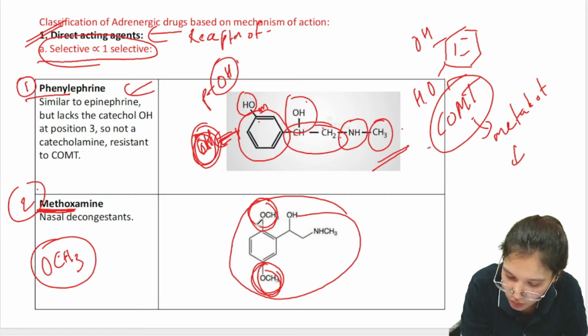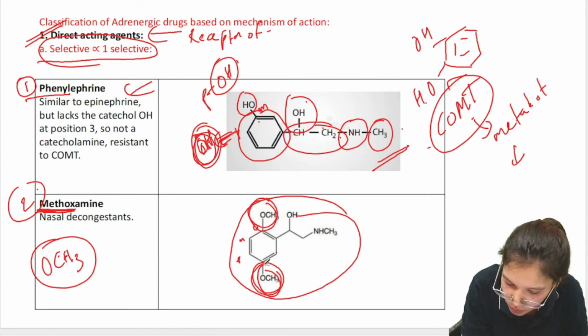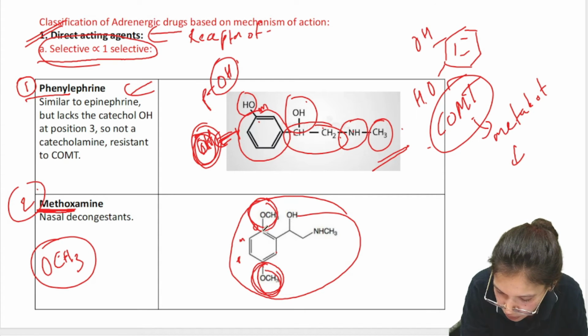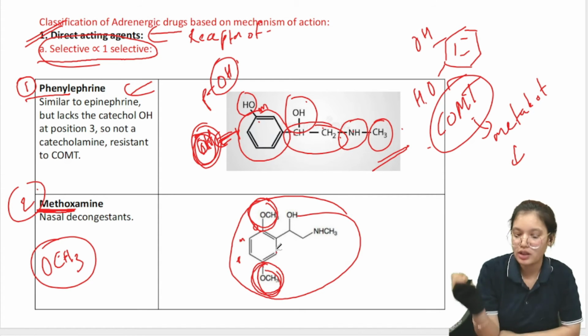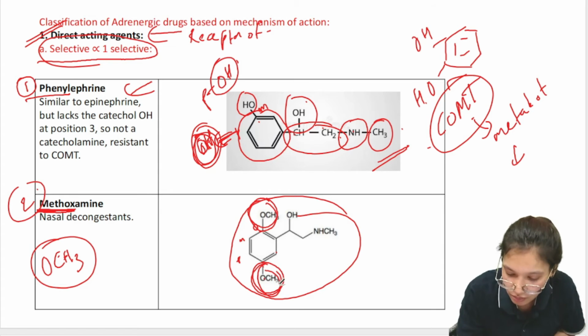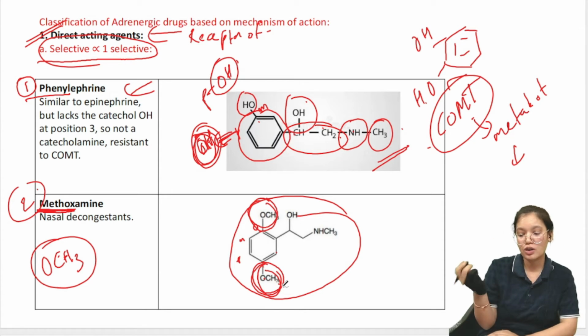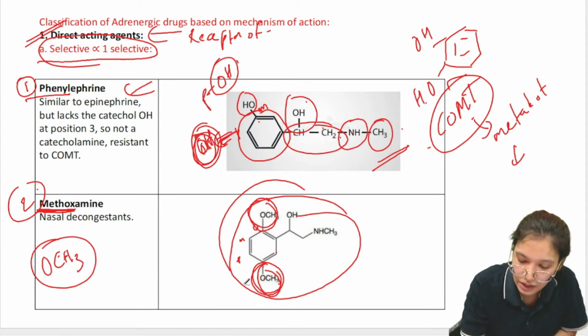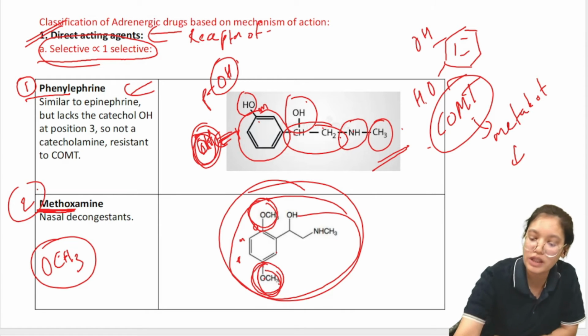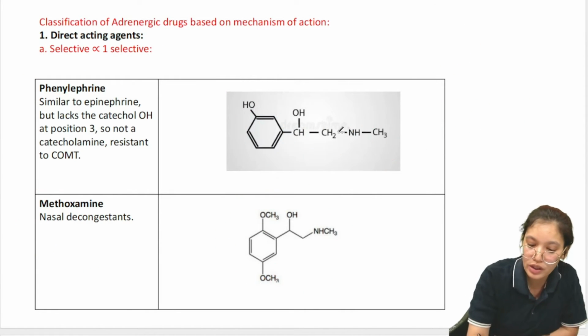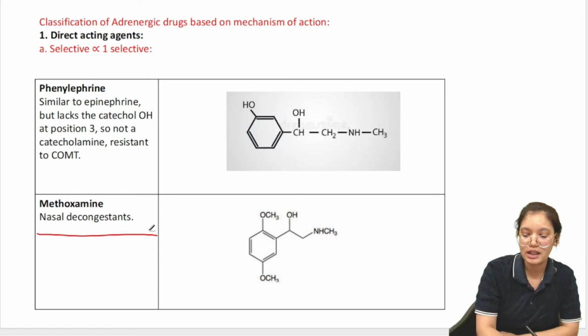So ortho, meta, para, ortho, meta. At ortho and meta position we now have an OCH3 group, that is the methoxy group attached, and the rest of the structure is similar to epinephrine. So it is used as a nasal decongestant.